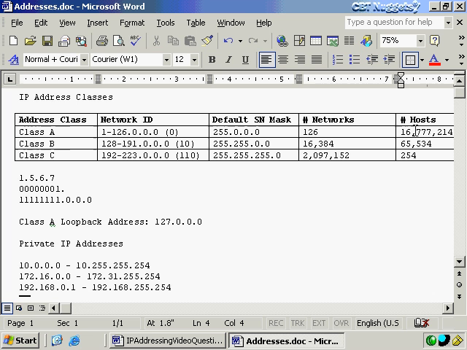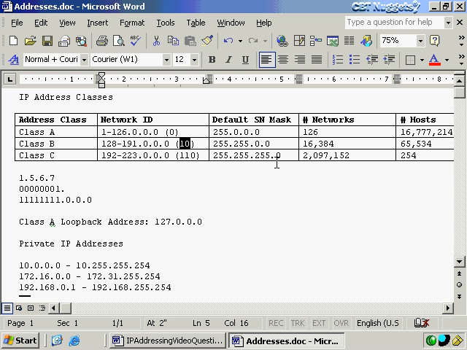Now, first let's go back to a Class B address. That can be any decimal number that starts between 128 up through 191 in the first octet, and then dot whatever for the remaining octets. The first 2 bit positions in a Class B address will be a 1 and then a 0. And then the default subnet mask is 255.255, with 16,000 networks and 65,000 hosts.